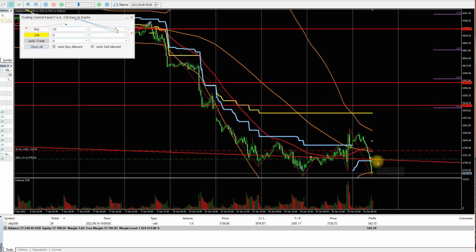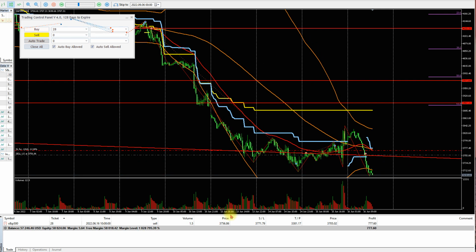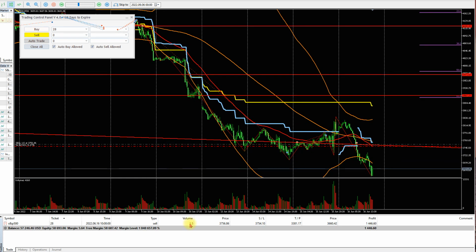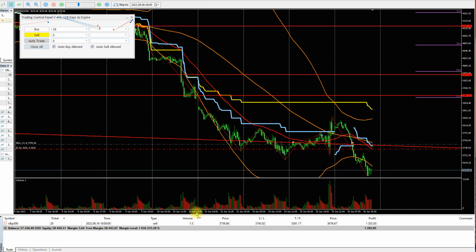Now it's looking for a start, you see the volume from 1 point. So initially the volume is 1 contract, a maximum of 4.